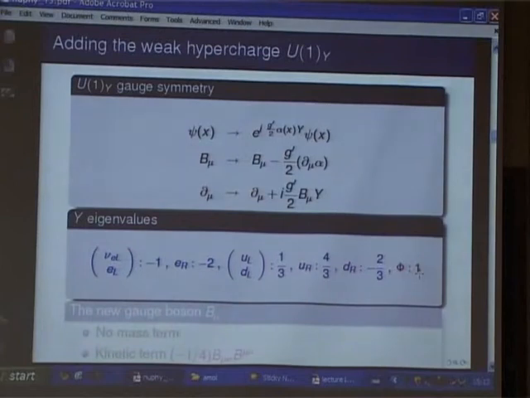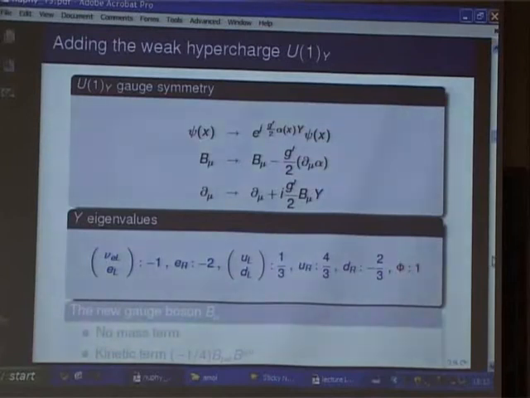So if I tell you how the left-handed electron transforms under this hypercharge Y, I have already told you how the Higgs transforms; all that changes is that factor. This just tells you the proportionality. If the phase changes by some phi, the phase of e_R will change by 2 times phi, and the phase of the Higgs will change by minus phi. So this is how you introduce the gauge.